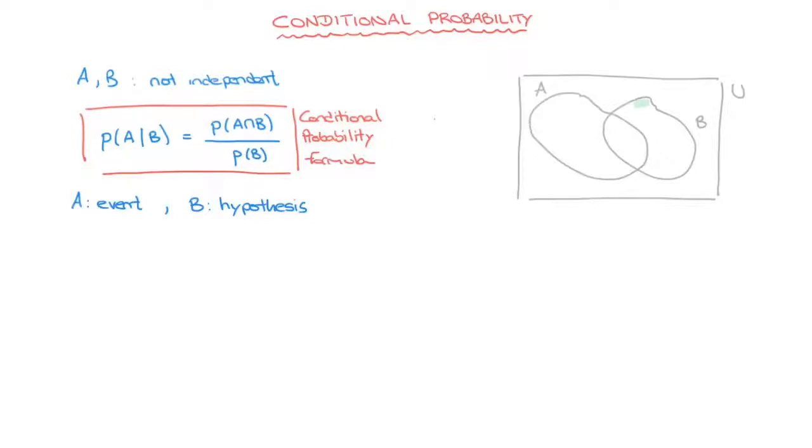Indeed, since we know that event B has occurred, the only outcomes we need to consider are the outcomes inside the set B that I'm currently hatching in green.